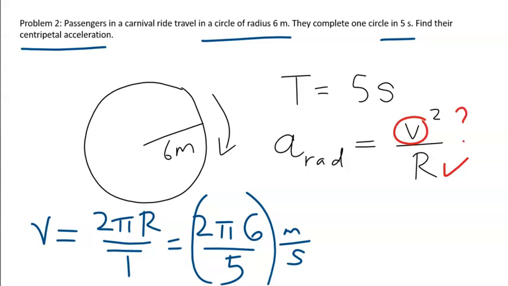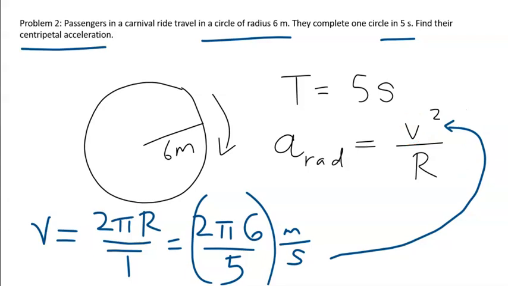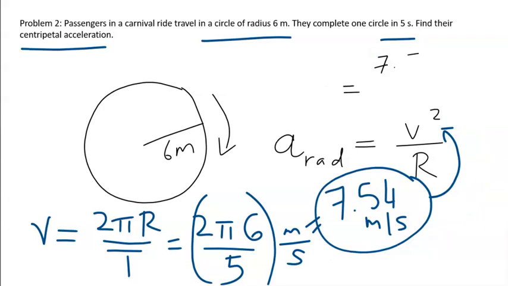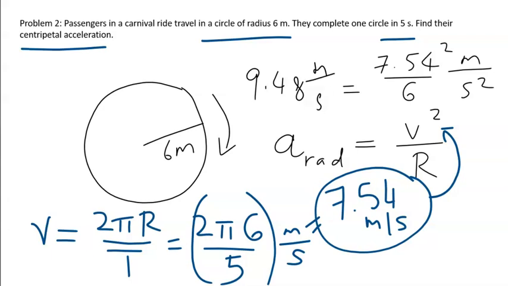Substituting the speed into this equation will give you the centripetal acceleration. Since the speed comes out to 7.54 meters per second, substituting 7.54 in here gives you 7.54 squared over 6 meter per second squared, which is 9.48 meter per second squared for the centripetal acceleration.